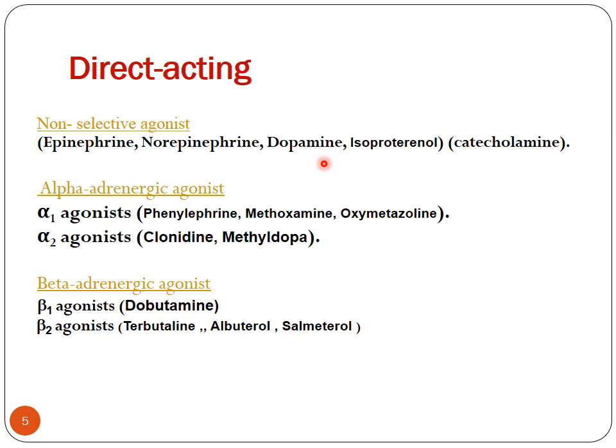Stimulation of the dopaminergic receptor causes vasodilatation and increases renal perfusion. Through the stimulation of alpha, it raises the blood pressure. Through the stimulation of the beta receptor, it increases the force of contraction. These features make dopamine the drug of choice in the treatment of shock.